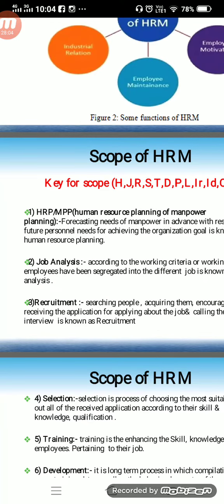From the beginning, through job analysis, we have decided how many employees we require and which types of employees we require. Now after job analysis, comes the point of recruitment.